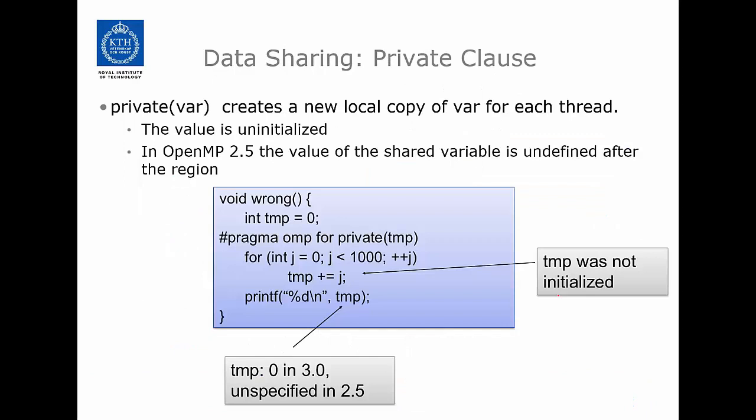So let's have a look at the private clause here. We declare a variable temp, and we say that it's private, and then we're going to assume each thread will get a private variable, but this is not going to work because we specified only private, because private will create a new uninitialized local copy of this variable temp, and in this case we rely on it to be initialized to 0 because it's a reduction variable, so it will not work.